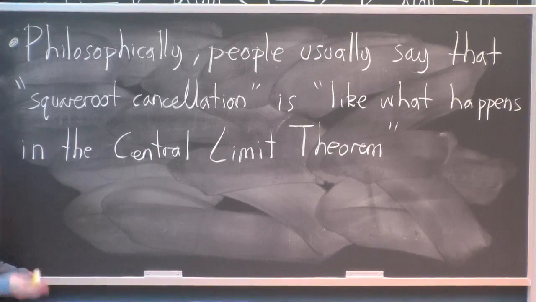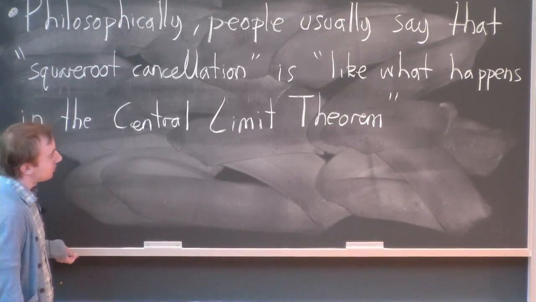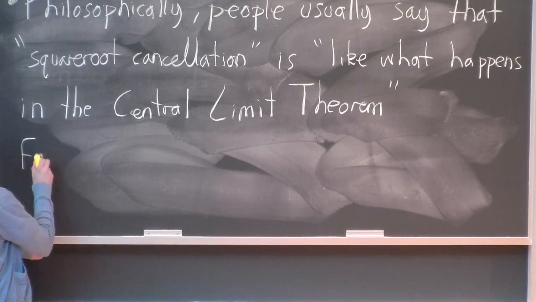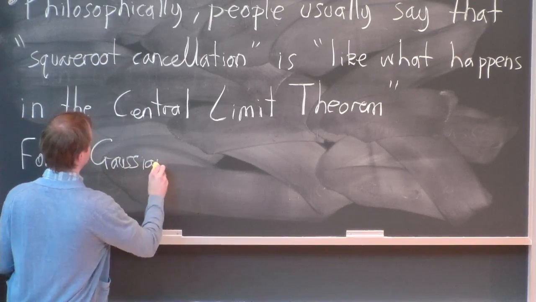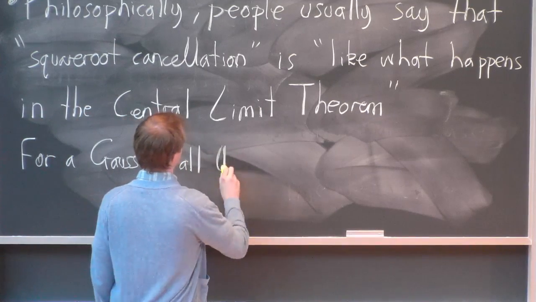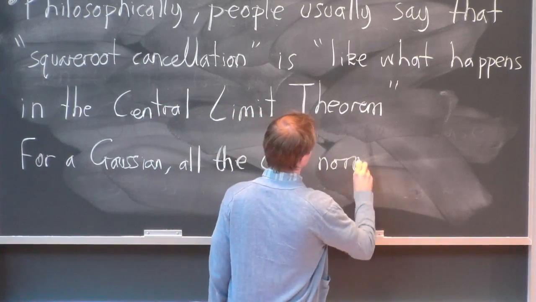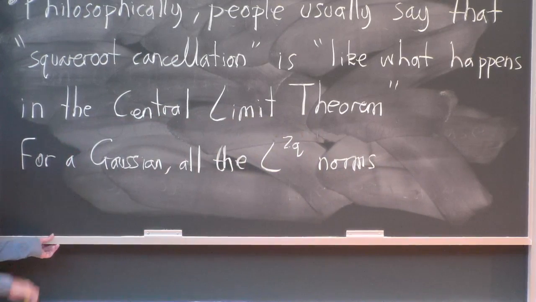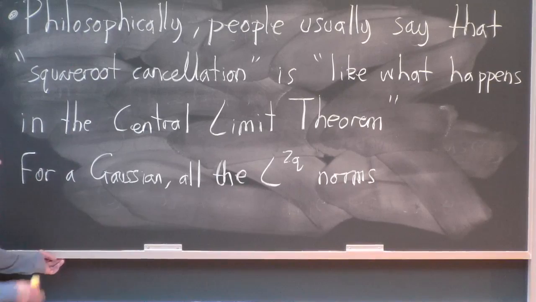Okay, so why should you get square root cancellation? It's because everything is kind of random. It's like the central limit theorem. Right. Now, if it really were like the central limit theorem, so like a Gaussian, now for a Gaussian, all of the L2Q norms, so if you took the 2qth moment and then took the 1 over 2qth power, all of those are of the order of magnitude of the standard deviation.